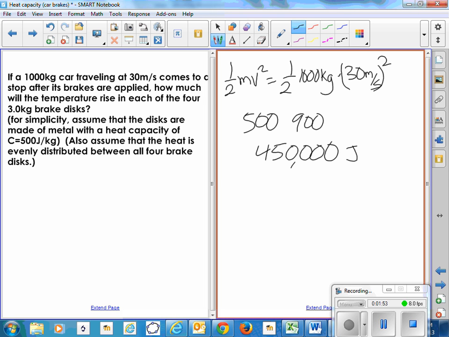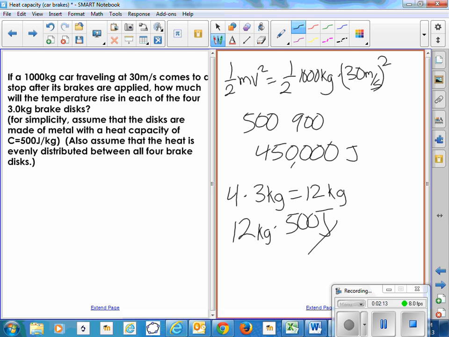We have 4 discs times 3 kilograms, so we have 12 kilograms of steel, and each kilogram can dissipate 500 joules. So those brakes can dissipate 6,000 joules of heat for every degree in temperature that they rise.